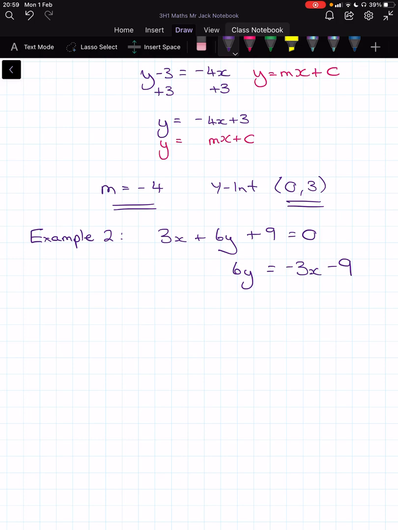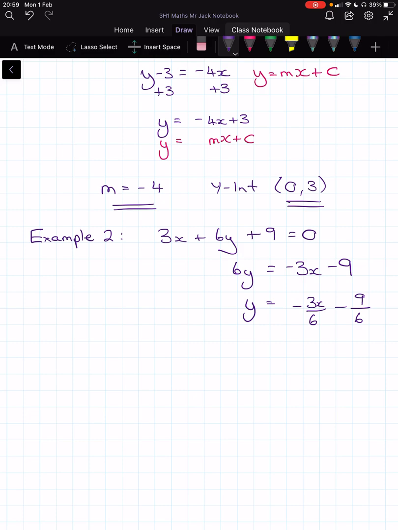Now, in order to deal with this 6y, I'm going to have to divide by 6 because that in effect says 6 multiplied by y. So in order to get down to just a single y, I've got to divide by 6. So that'll be negative 3x over 6, and that will be minus 9 over 6 as well.